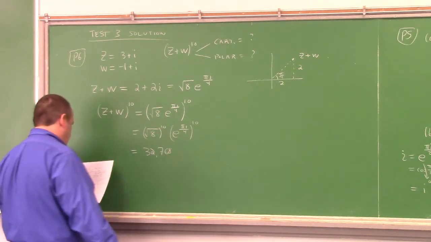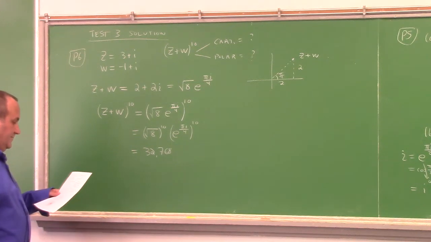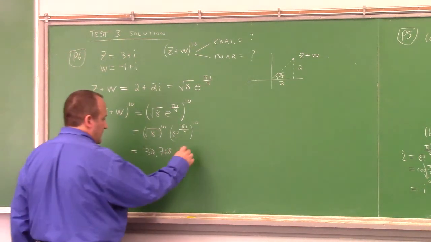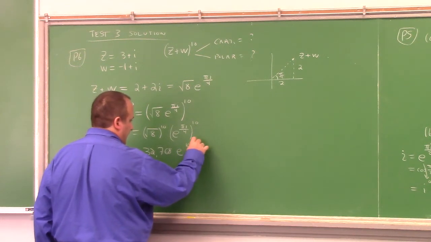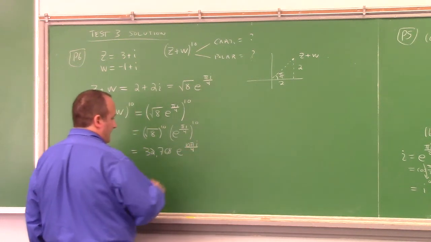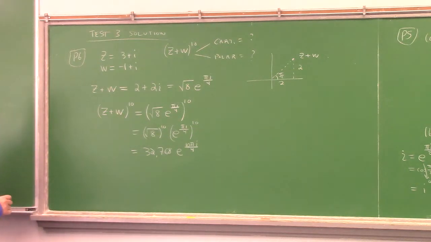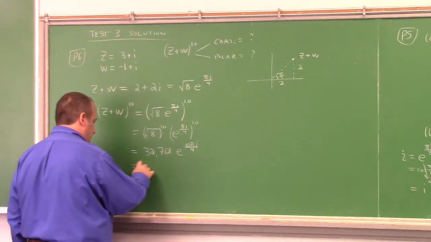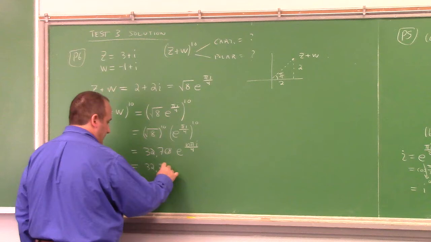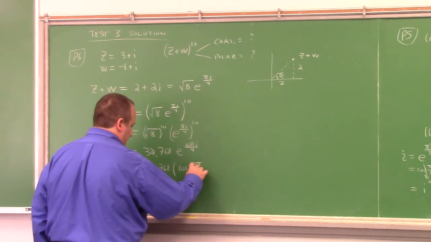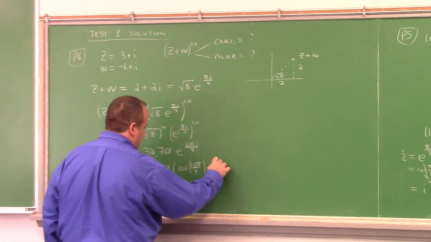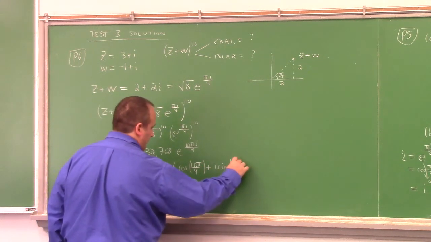And that gives you e to the 10 pi i over 4, which we know what to do. I won't try to be clever here. I'll just tell you that's cosine of 10 pi over 4 plus i times the sine of 10 pi over 4.